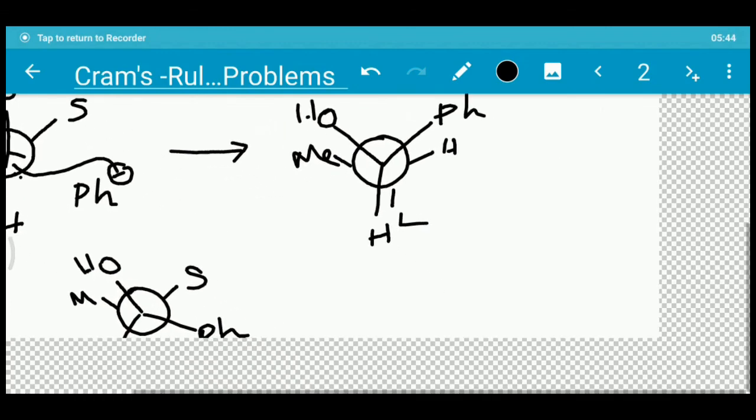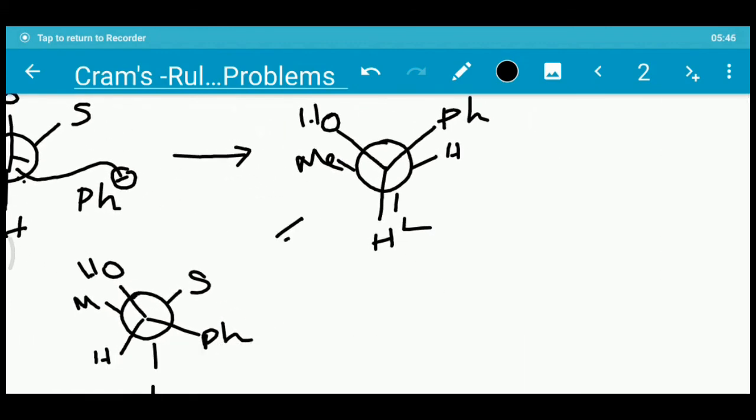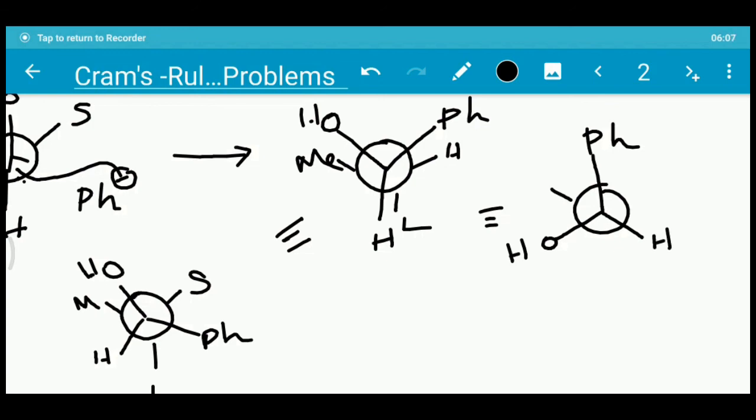Now this is equivalent to this, you can see. Now let us try to make things a little bit easier. We will make a rotation. When I make a rotation, say around 60 degrees, my phenyl comes over here, my OH moves here, my hydrogen is here, my methyl is here, my hydrogen is here, and my large group is here.